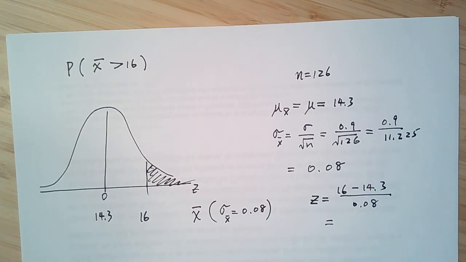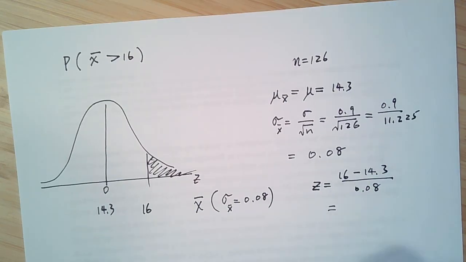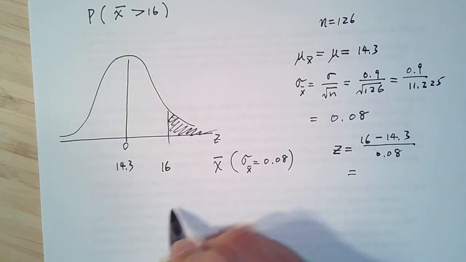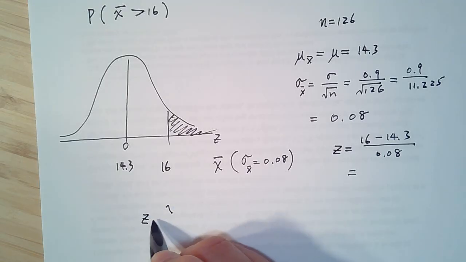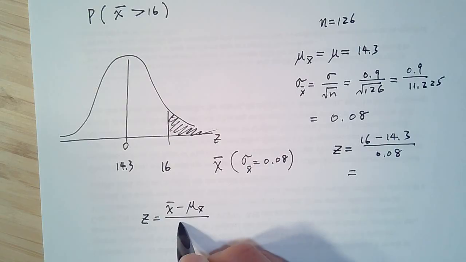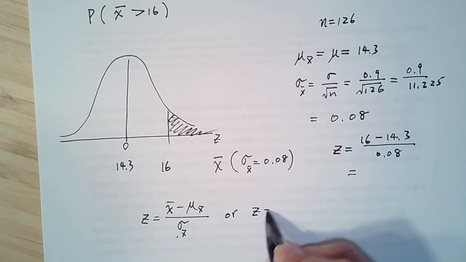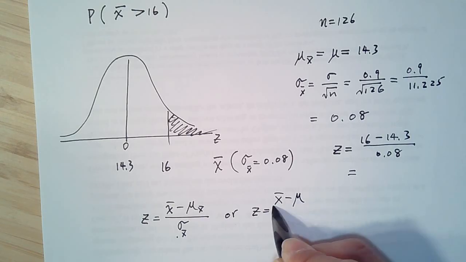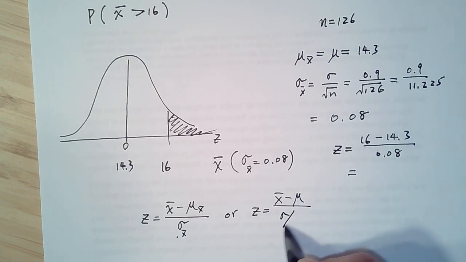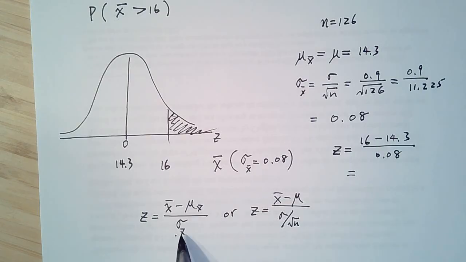You can use z equals X bar minus mu of X bar over standard deviation of X bar, or z equals X bar minus mean divided by standard deviation over square root of n. Either way, it's the same thing.